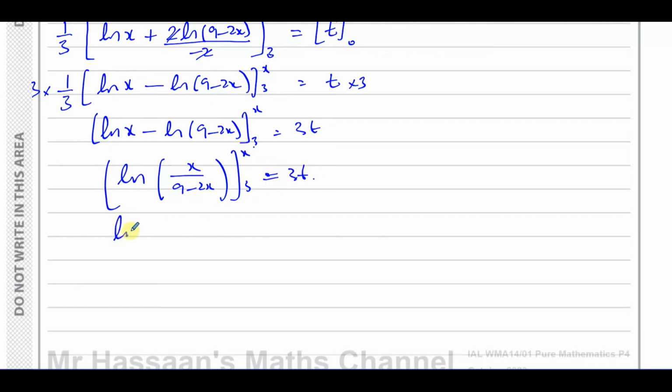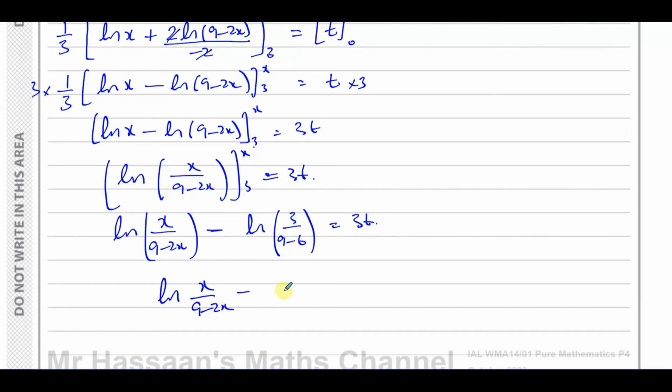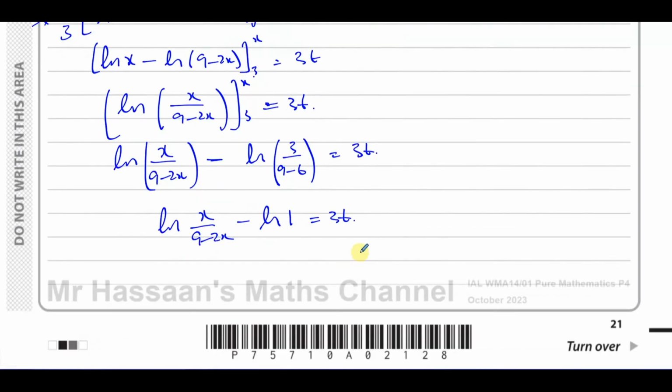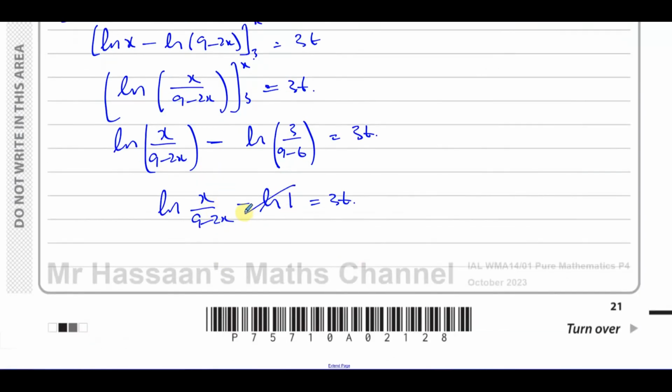So now we have ln of, if you put x in here, x over 9 minus 2x, minus, if you put 3 in here, you have ln, that's going to be 3 over 9 minus 2 times 3, which is 6, equals 3t. So that's ln 3 over 3, which is ln 1. So you end up with ln of x over 9 minus 2x minus the ln of 1 equals 3t. So we're almost there. This is going to become 0.